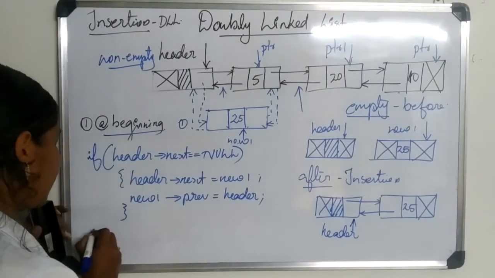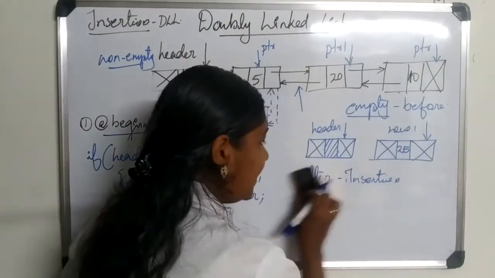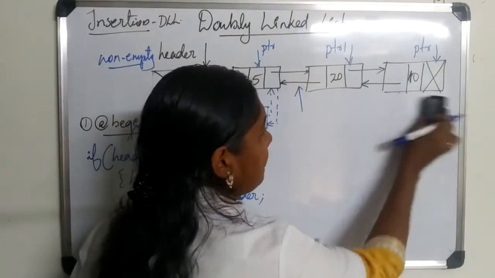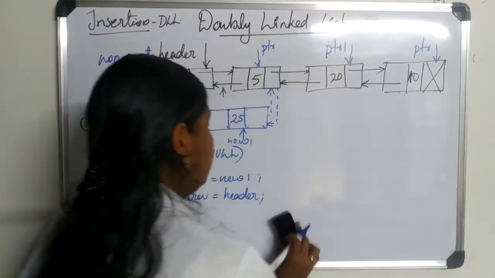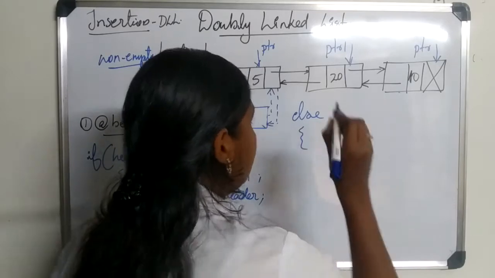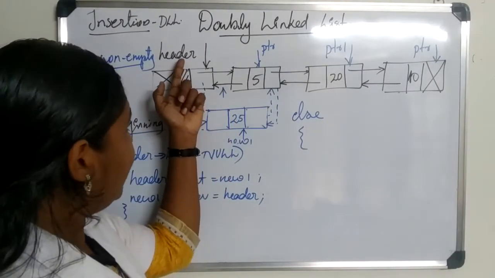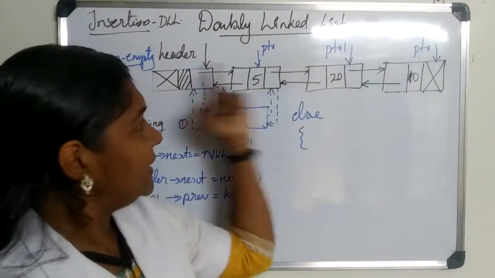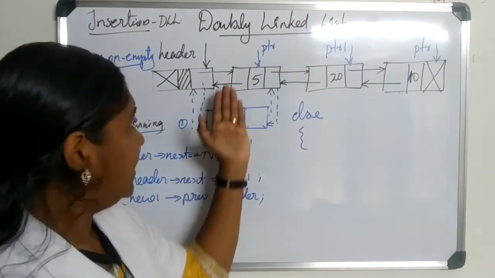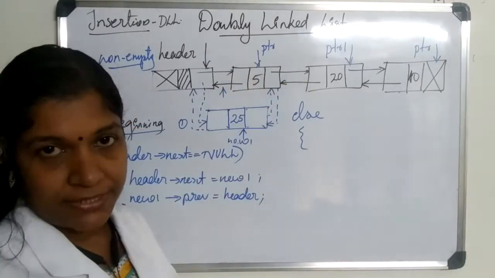Then the else part, so that I will write here. So I am going to rub this part. So else, what am I supposed to do? In the else case, I have an existing linked list and I have a new one, which requires a name for the first node.